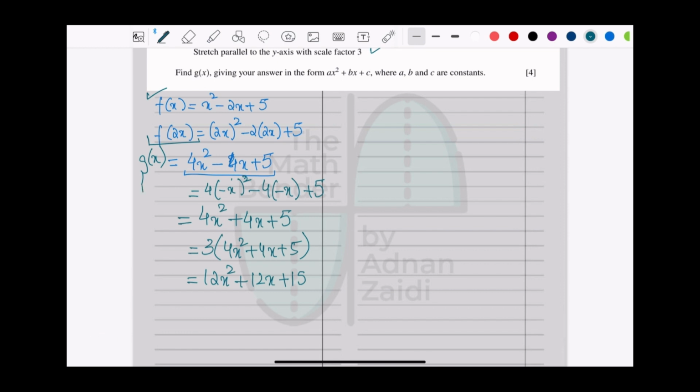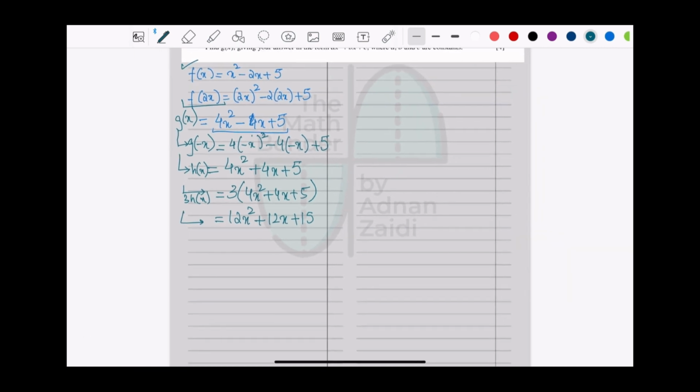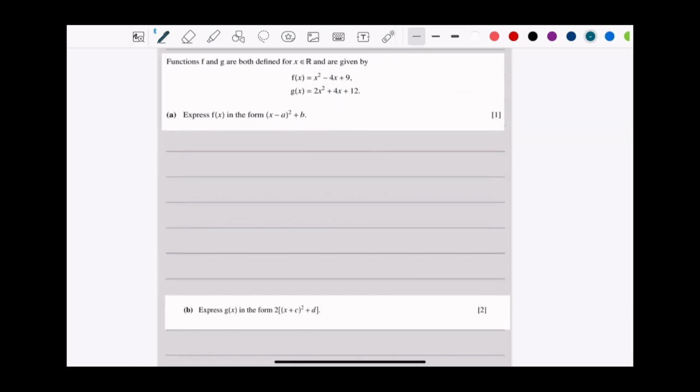And after applying g of negative x, this is what I just did here, it turned out a new function which is h of x, and then 3 times h of x. This was the last answer. It won't matter to the examiner as long as you are getting this answer correctly. Let's see some other questions.